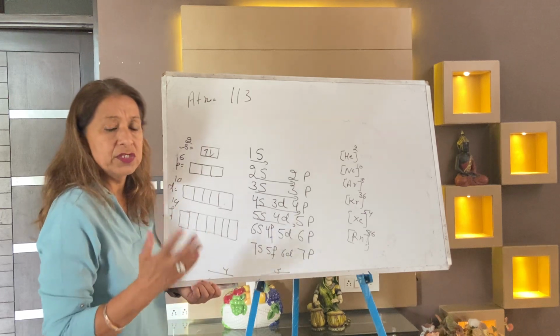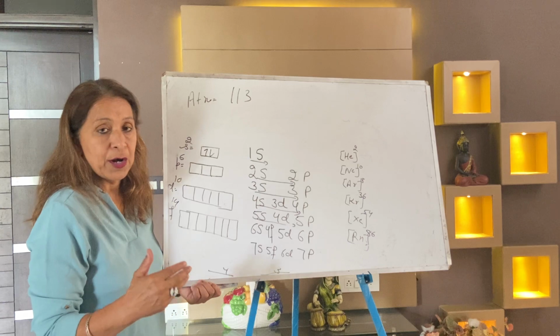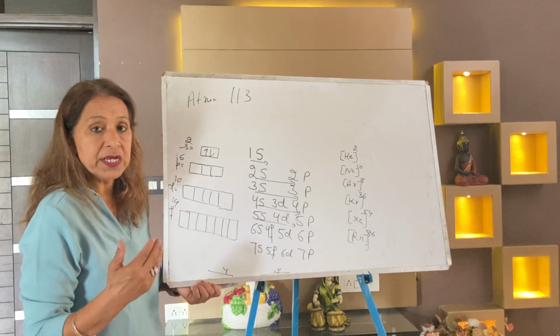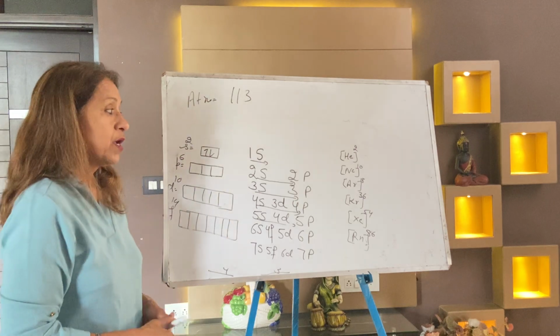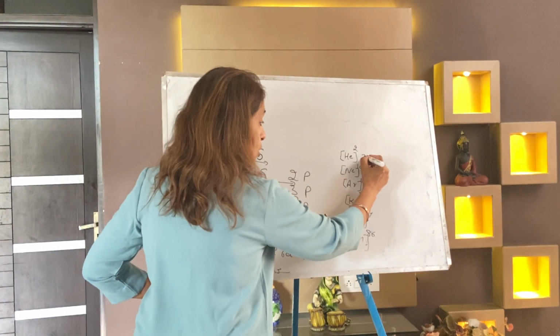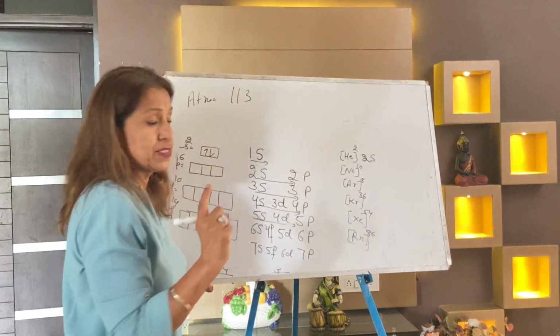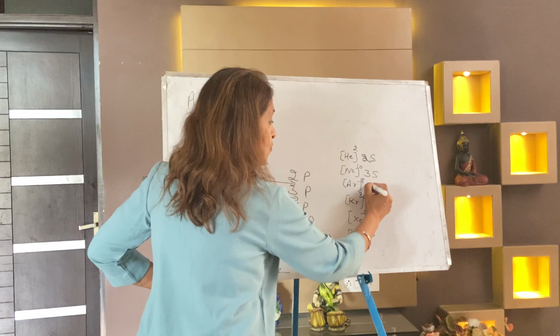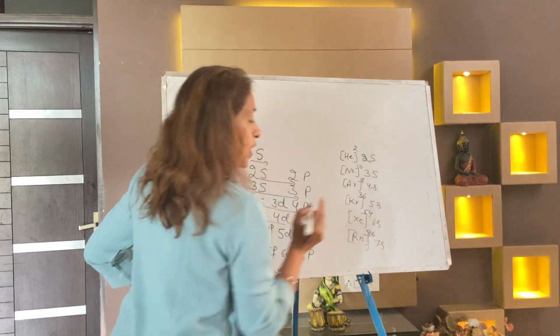It's better to learn this like me. Helium 2, neon 10, argon 18, krypton 36, xenon 54, radon 86. Like this you will learn. And always write after helium 2s, then 3s, 4s, 5s, 6s, 7s.